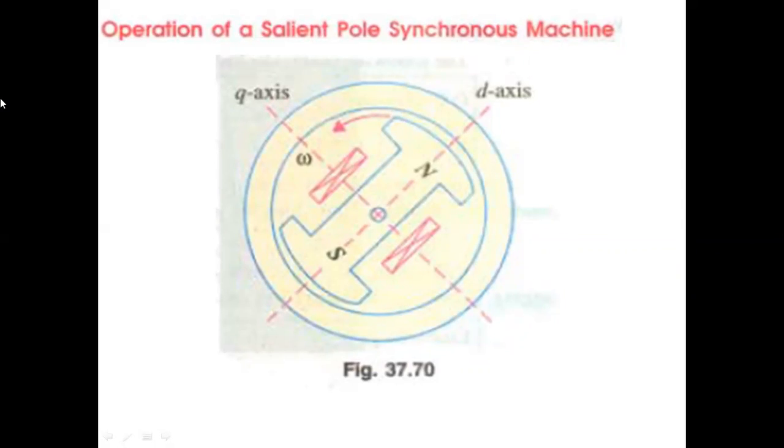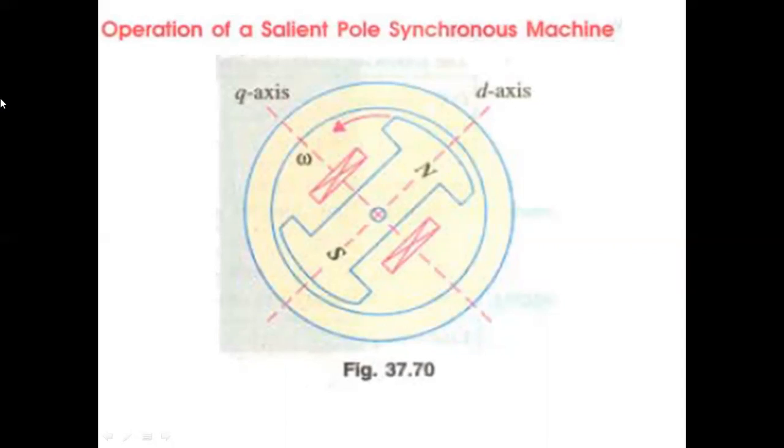Okay, so a cylindrical rotor machine has only one axis of symmetry, but a salient pole machine possesses two axes of geometric symmetry.